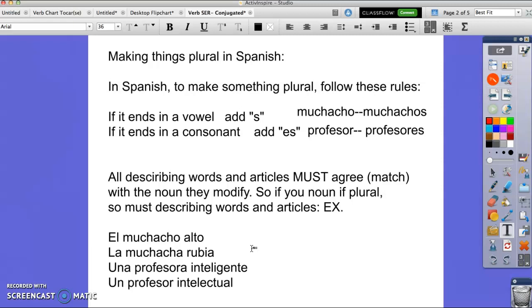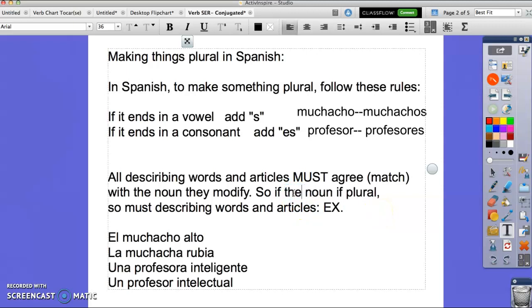So we don't say the boys are talls, but in Spanish, they must agree, they must match, okay, with the noun they modify. So if the noun is plural, the describing words and the articles must be plural too.